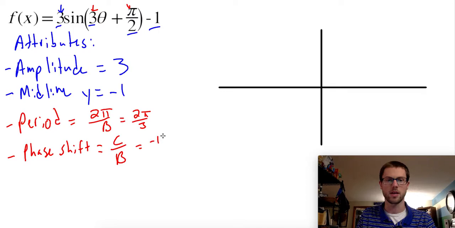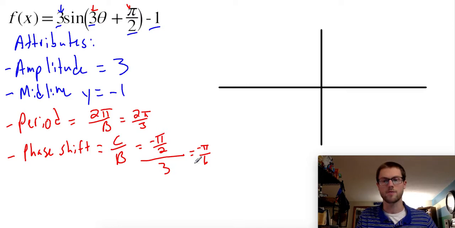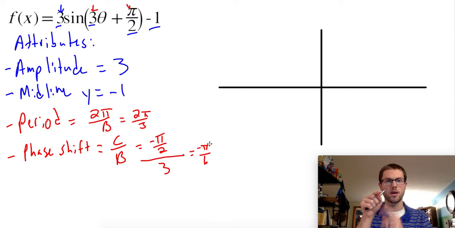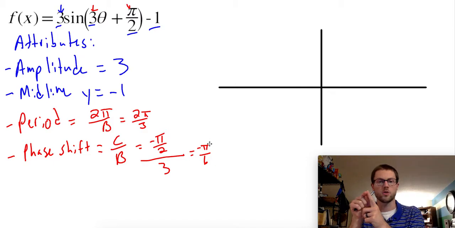So that's going to be negative pi over 2 is my c value, and then divided by 3. If I divide these two things out, I get negative pi over 6. So that means that I've taken my sine curve and I've shifted it to the left by pi over 6 radians. Normally I'm starting at 0, 0, and this time I'm going to shift my x over by pi over 6 to the left.